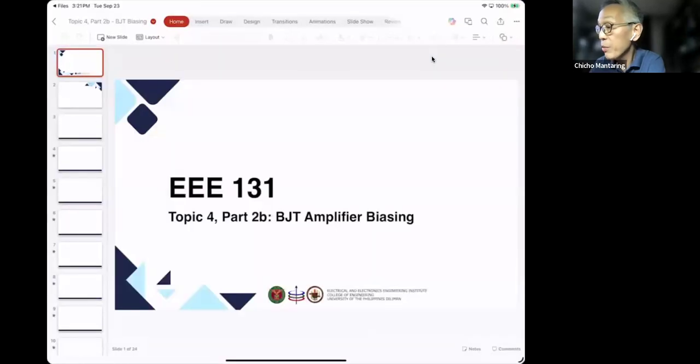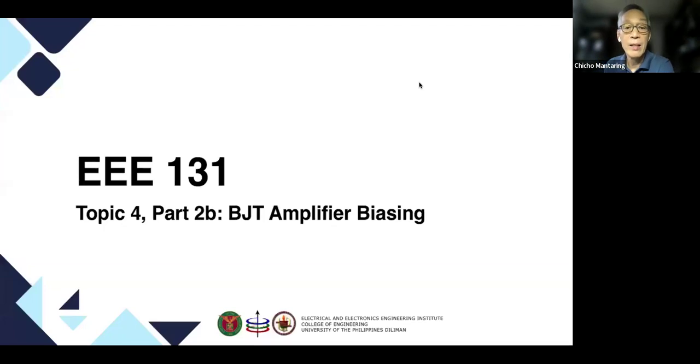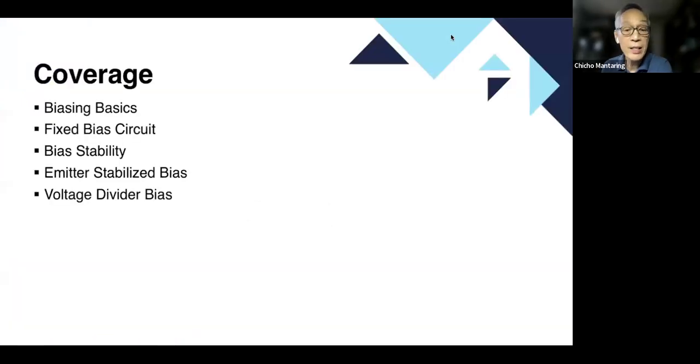Okay, so we will discuss BJT amplifier biasing. This is what we're going to discuss now, biasing basics. I already gave you an introduction of what biasing is all about.